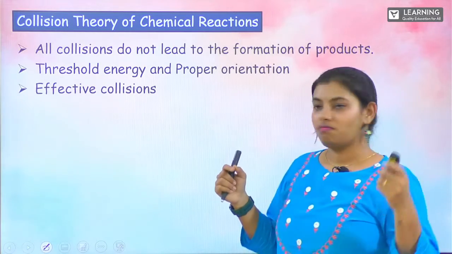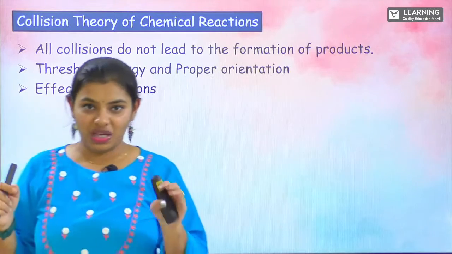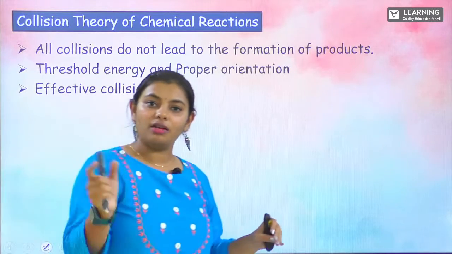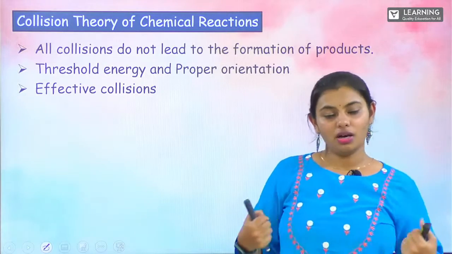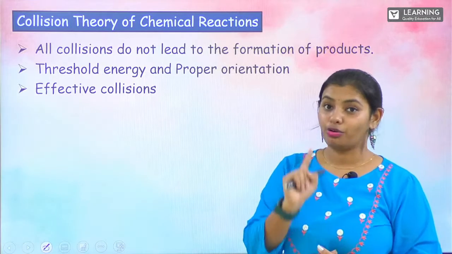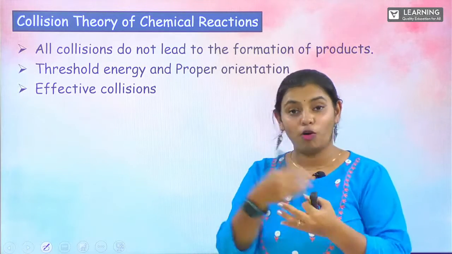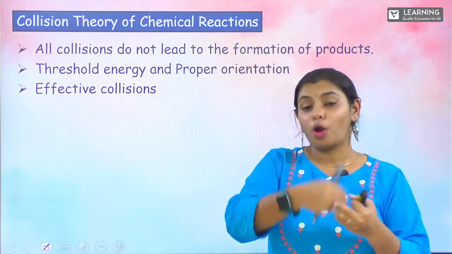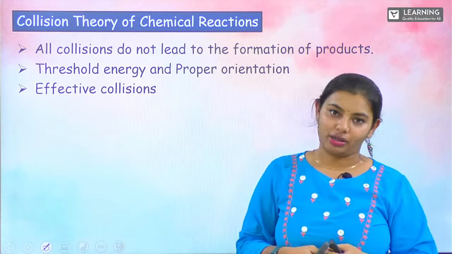These are called effective collisions: the collisions where the threshold energy is met and the reactant molecules have proper orientation during the collision. Only such collisions are going to give us proper products. Otherwise, we are not going to get the predicted product. Clear?